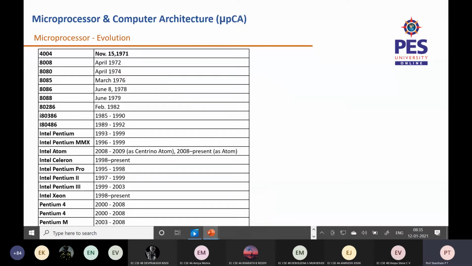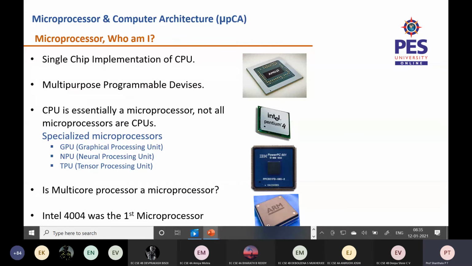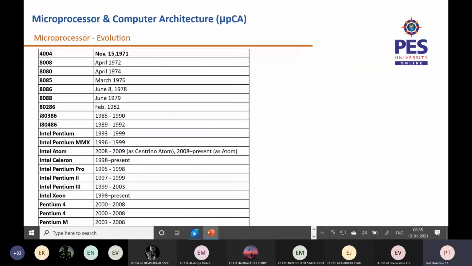So now you can see the view of how the evolution of the microprocessor took place. As we discussed, Intel 4004 was the first microprocessor. It starts from November 15th, 1971. From there the evolution of the microprocessor started.